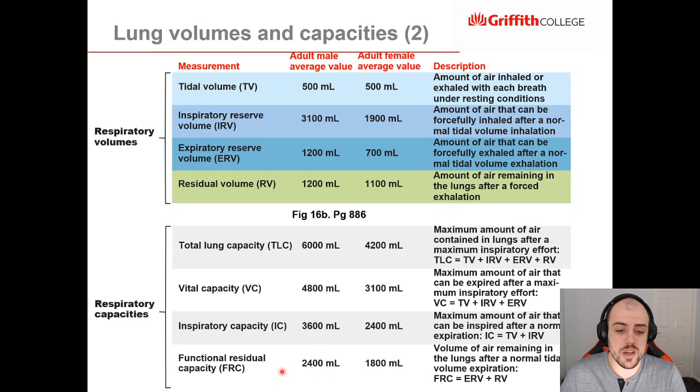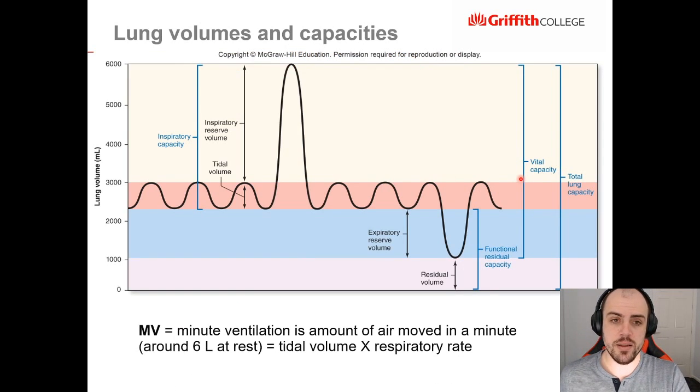Looking at this graph, the vital capacity is saying it's around 5 liters. Mine is close to 10 and a half liters. I've got a solid set of lungs. So it's different from person to person, and it will vary enormously.